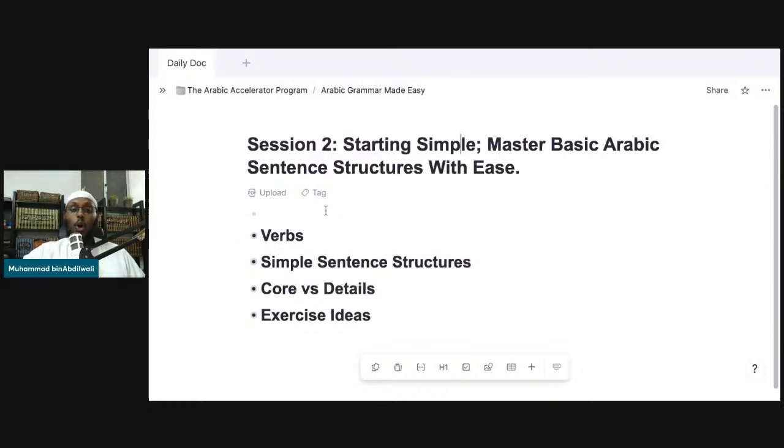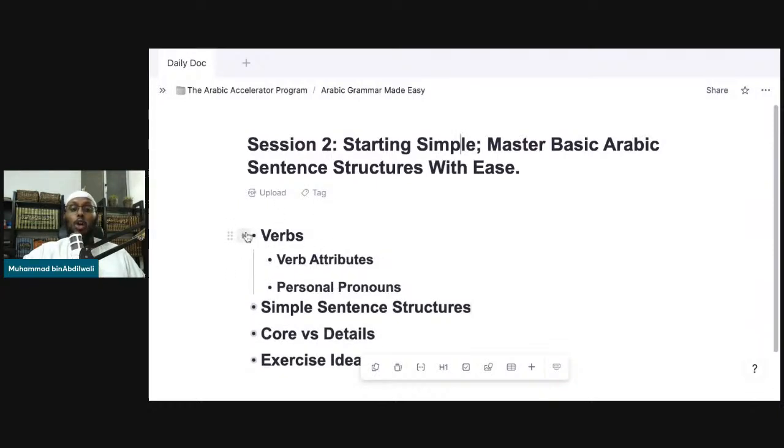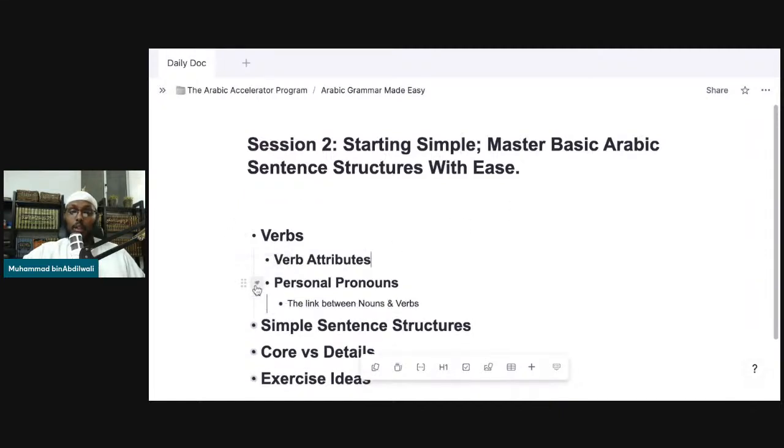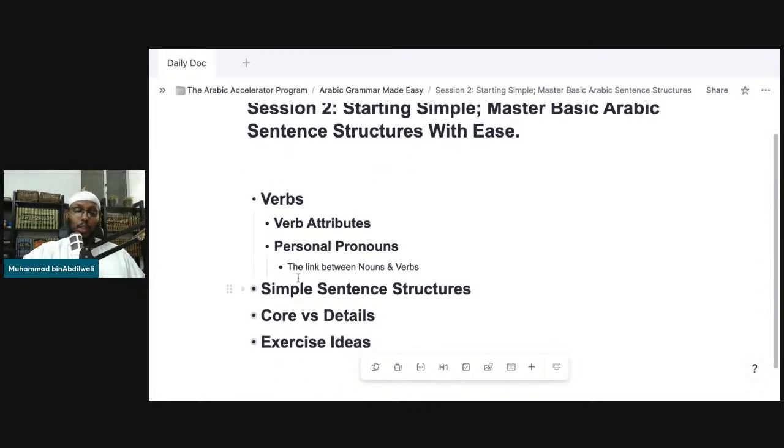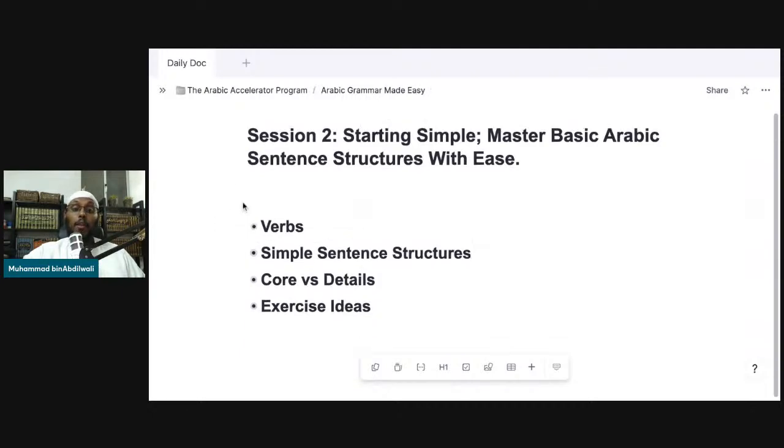But just to give you an overview of what we're going to talk about, first we're going to talk about the verbs, their attributes, and also the connection between verbs and personal pronouns. And we'll talk about personal pronouns as well. Personal pronouns, when it comes to verbs, are the link between nouns and verbs. So we'll talk about them, inshallah.